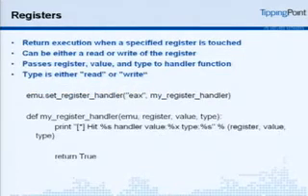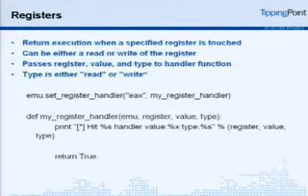So we'll go over all the handlers because I think they're pretty important, at least for some pretty good scripts you may be writing. Register handler, and all these are self-explanatory. It returns execution when a specific register is touched. So if a register gets updated, if a register gets read, anytime that register is accessed, you'll get your handler called.